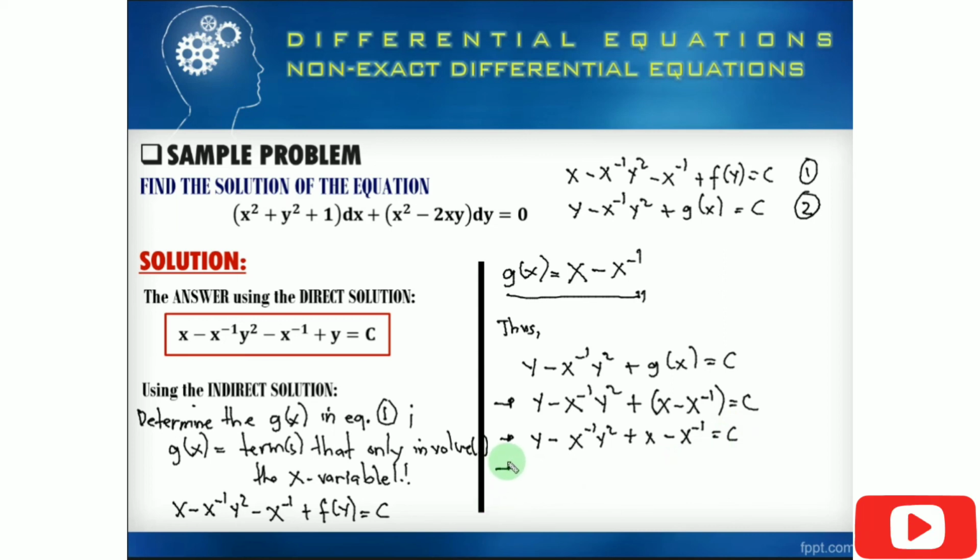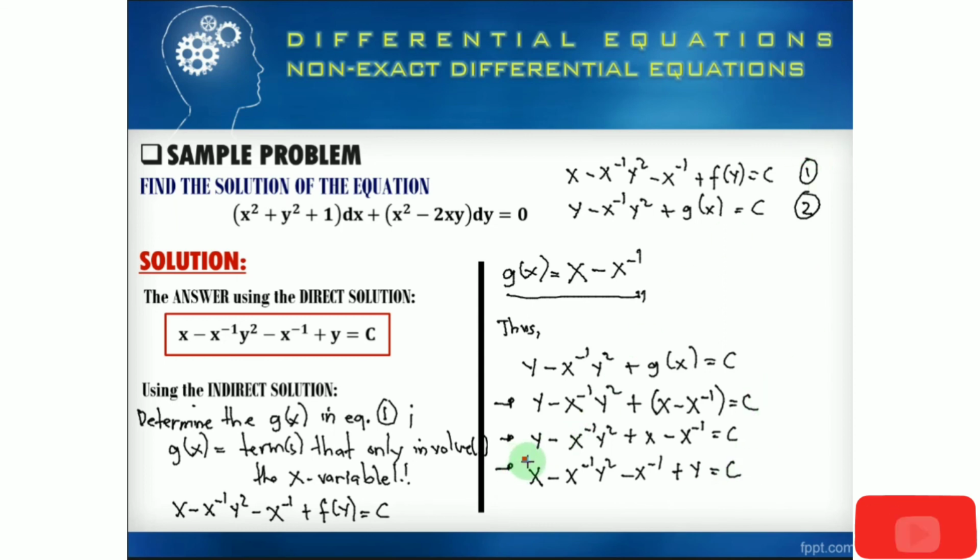Subsequently, we are going to simplify this. So this would also be equal to x, and then minus x raised to the negative 1 y squared, and minus x raised to the negative 1, and plus y is equal to c.